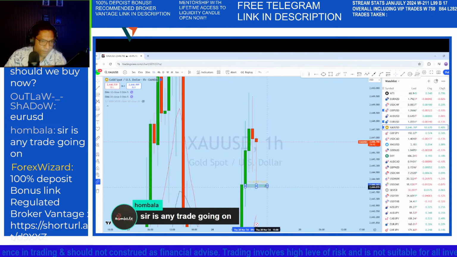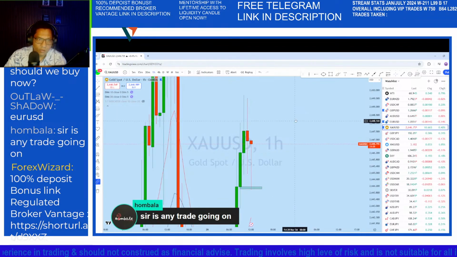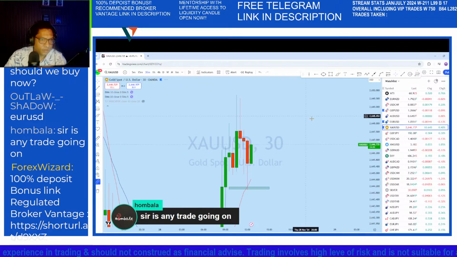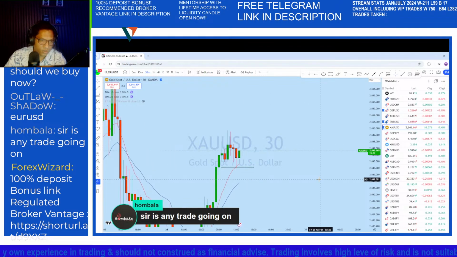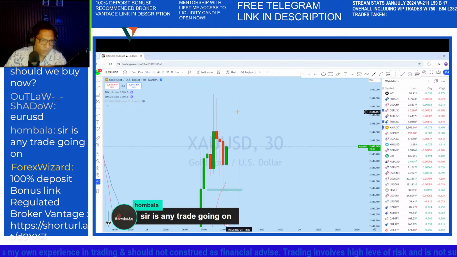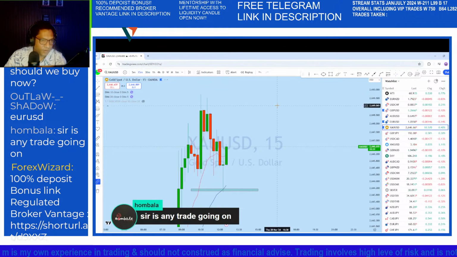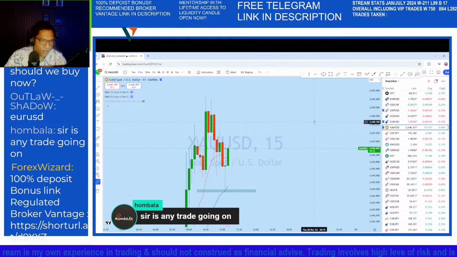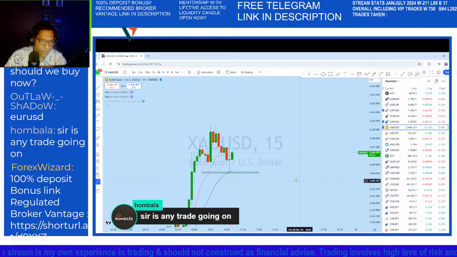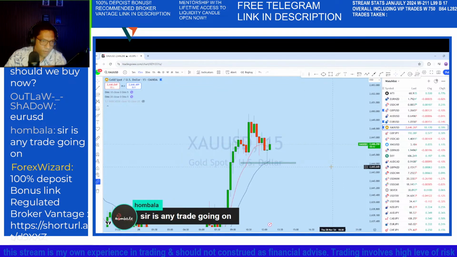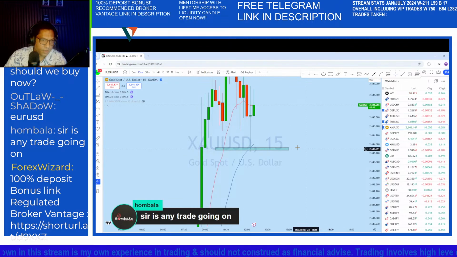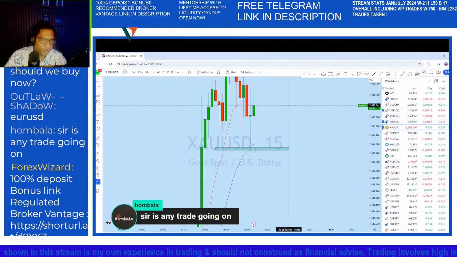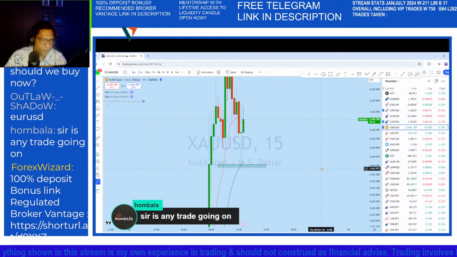This is the support here, and on 30 minutes, two important liquidity grabs here. On 15 minutes, a doji formation, and that 15 minutes doji, if you look at how many pips here, 22 pips.